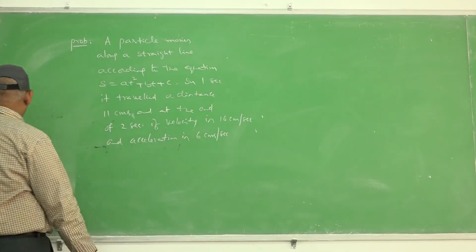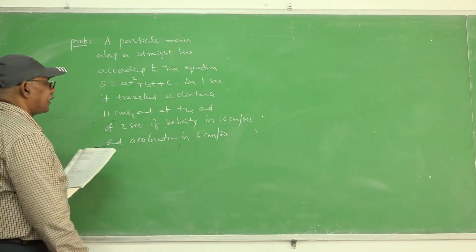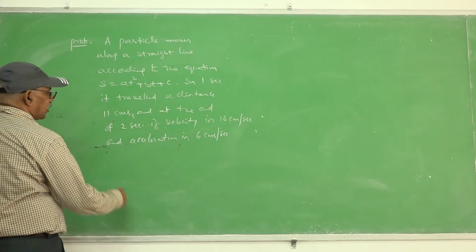At the end of 2 seconds, the velocity is given and the acceleration was also given. Then the values of a, b, c are?